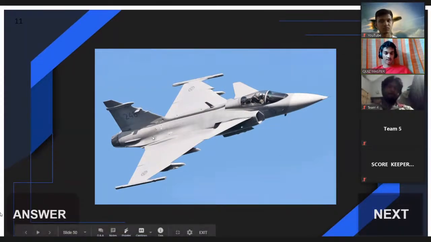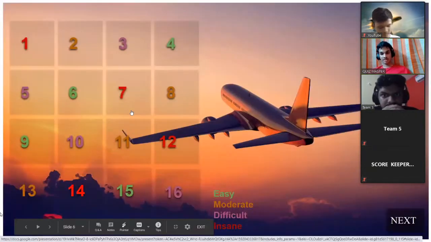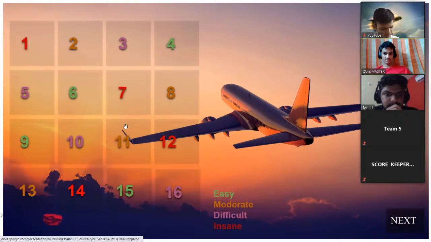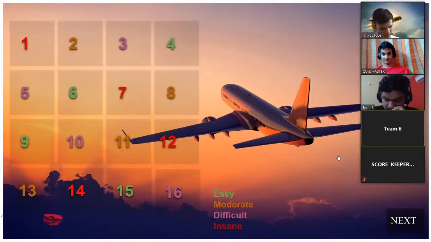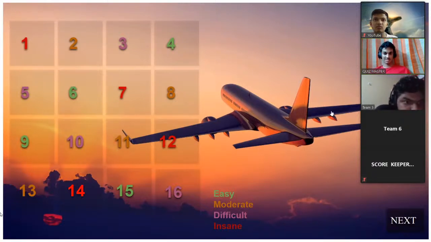Okay. Last to team 6. So let's go back to the grid. Team 6, tell me your choice. So which questions have been done? 4, 6, 9, and I think the last one was 11.